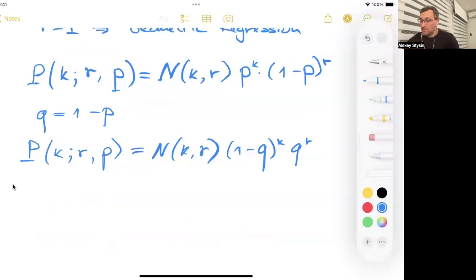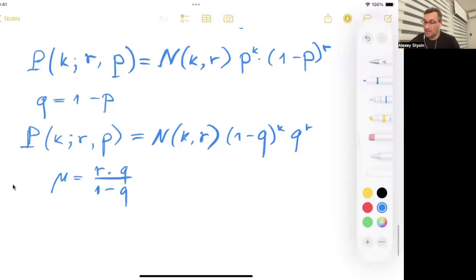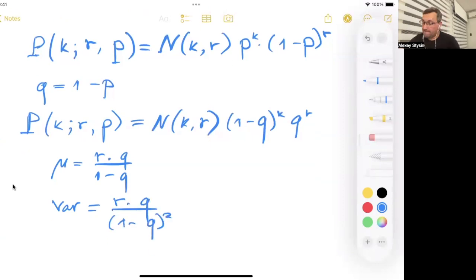With these definitions, the expected value of K is going to be given by R times Q over 1 minus Q. And then the variance is going to be R times Q over 1 minus Q squared.